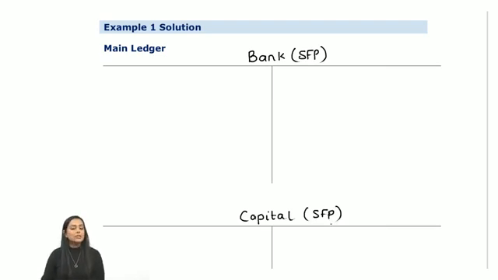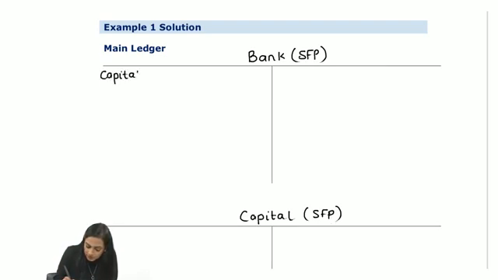So the first entry was to debit bank, credit capital. On the debit side of bank, you enter a transaction, and this is what it looks like. You'll write capital, 50,000.